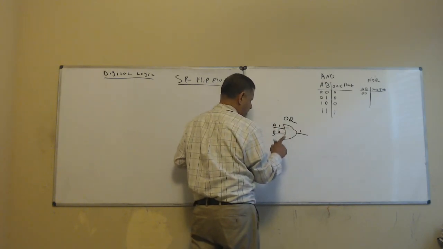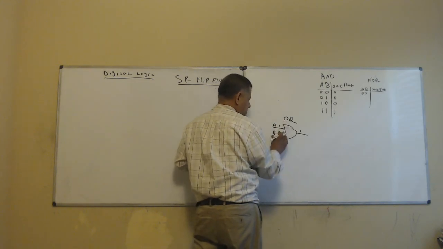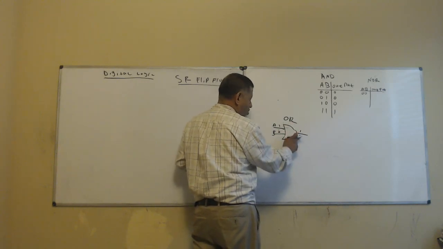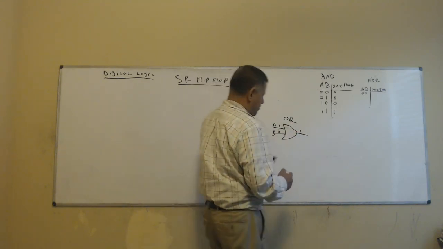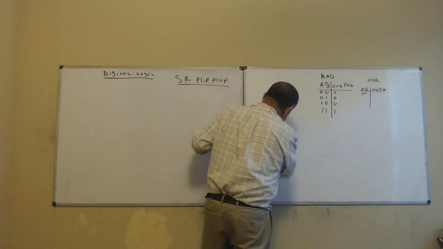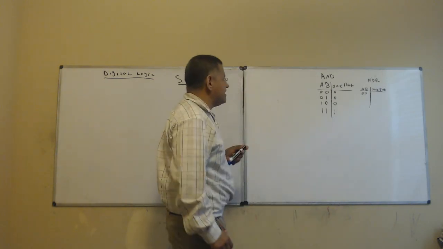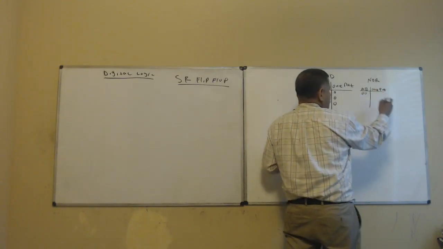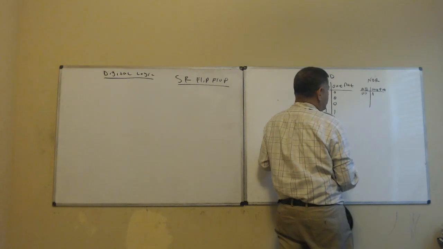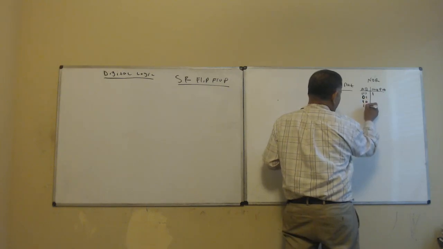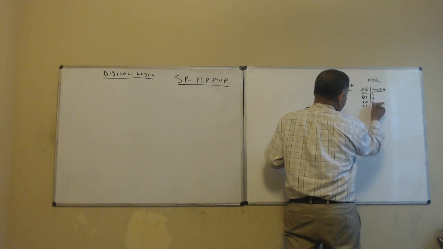If I switch this, the same thing. Either A or B has to be equal to 1 in order for the output of the OR to be equal to 1. Well, in the NOR gate, it's the opposite. So the logic says that I need to negate that. Not OR means that the only case where this is going to be true is when both are definitely 0, and then I get 1. For 0, 1, 1, 0, 1, 1, the rest of this is 0.